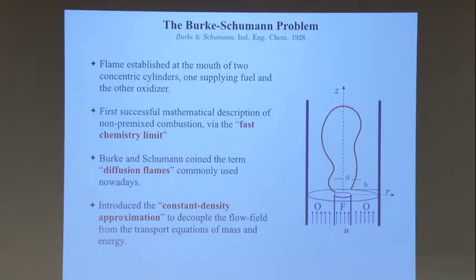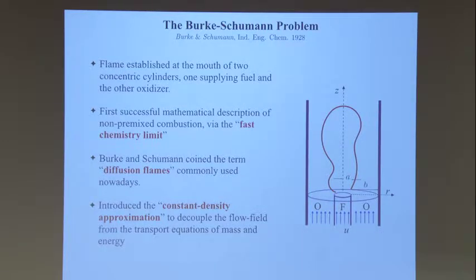You have a fuel coming from a cylindrical tube, and you have a concentric cylinder surrounding it where the oxidizer is coming, and there are walls here, and then you have a flame established at the mouth of the tube, which is going to be a diffusion flame because the fuel is coming from here and the oxidizer from a different origin.